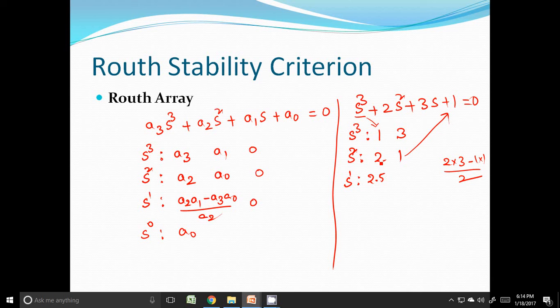It is (2 into 0 minus 1 into 0) by 2, so it comes as 0 only. Next, the last row, s power 0: (2.5 into 1 minus 2 into 0) by 2.5, so this comes as 1. Okay, so this is how you have to calculate the Routh array.